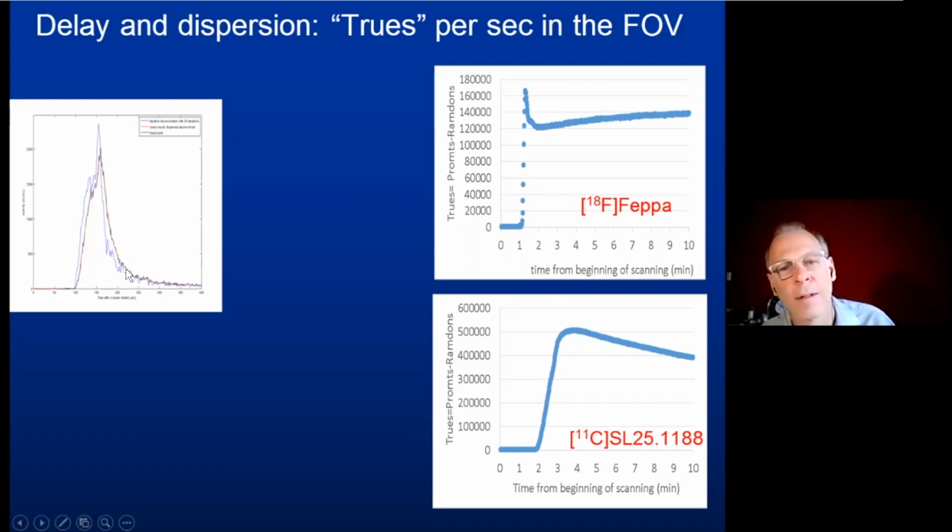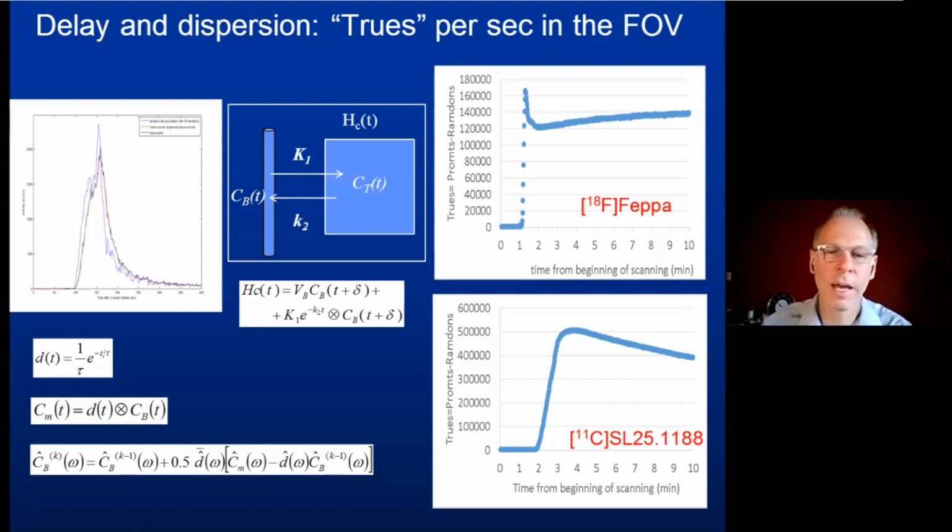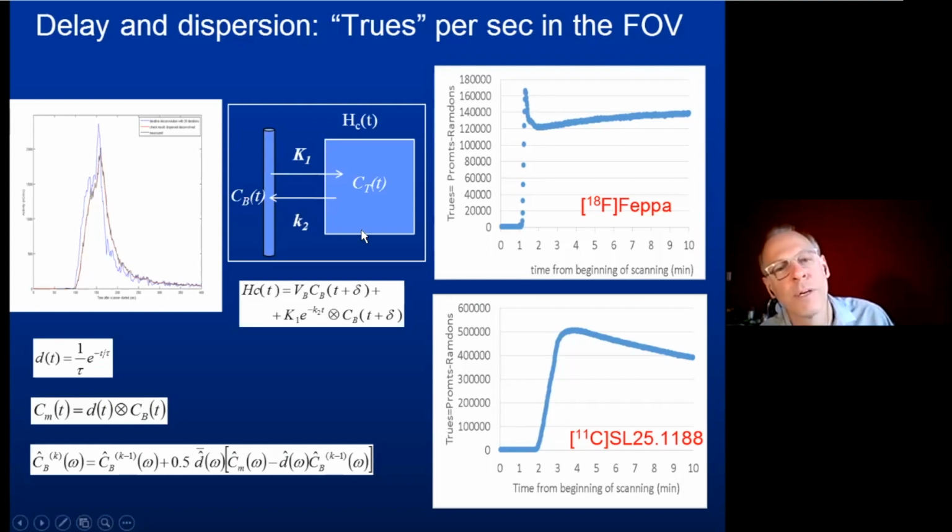This curve here in black is the output of the automatic blood sample system, what we measure with the automatic blood sample system. So I used this model to correct for delay and dispersion.